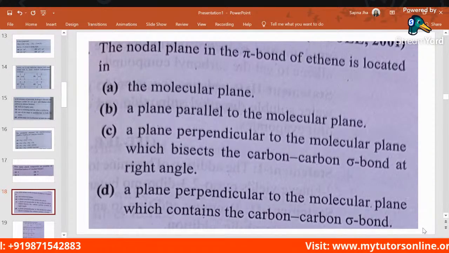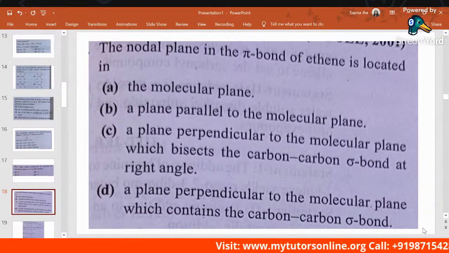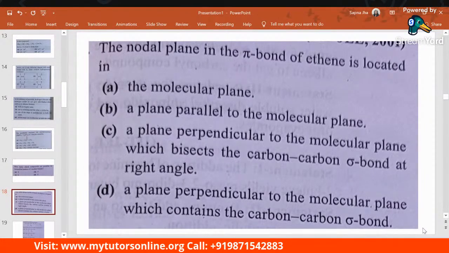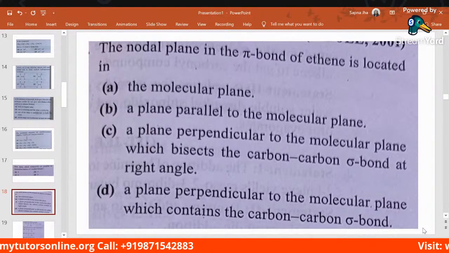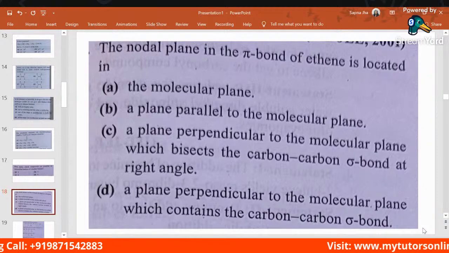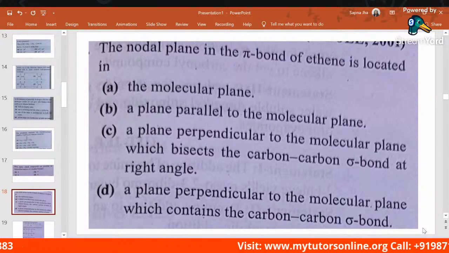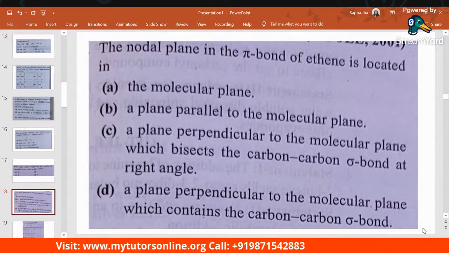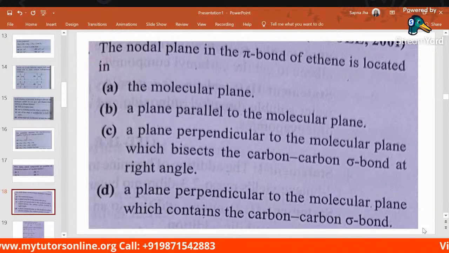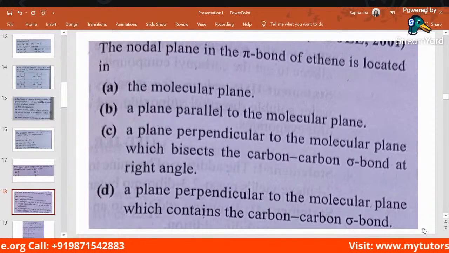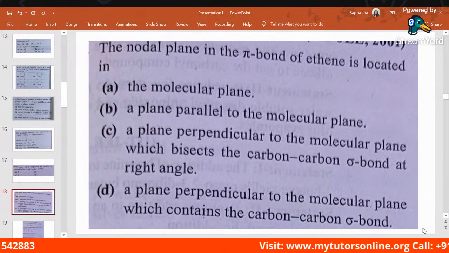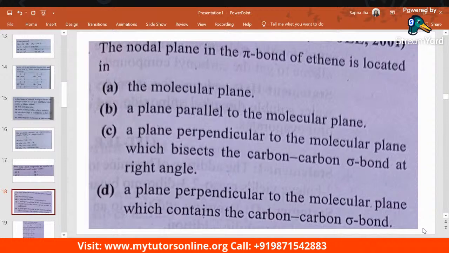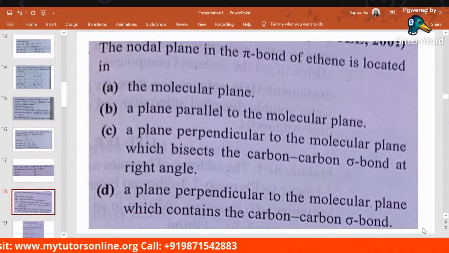It says that the nodal plane in the pi bond of ethene is located in the molecular plane, a plane parallel to the molecular plane, a plane perpendicular to the molecular plane which bisects the carbon-carbon sigma bond at right angle, a plane perpendicular to the molecular plane which contains the carbon-carbon sigma bond.